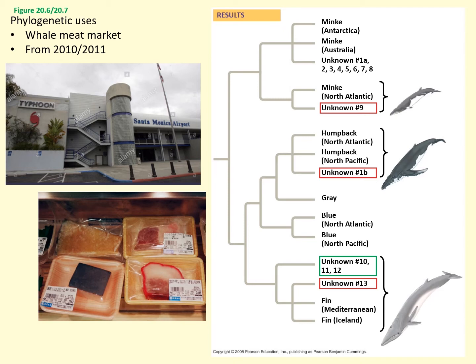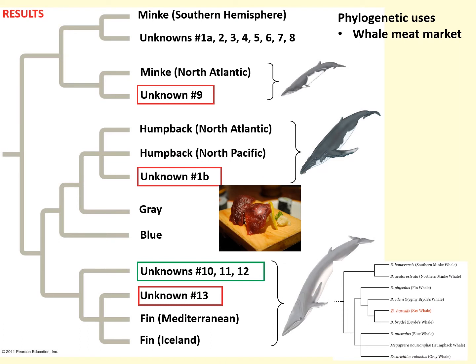So what we're looking at is probably one of these unknowns right here. If you take a look at the results, they were serving it up. You can see the minke whale, the fin whales, the Bryde's whale, and here's a sei whale right here. That's most likely where it falls on the chart.